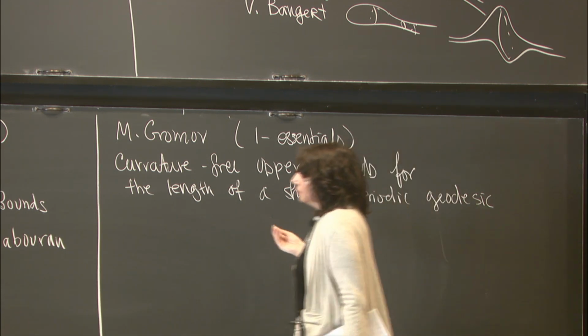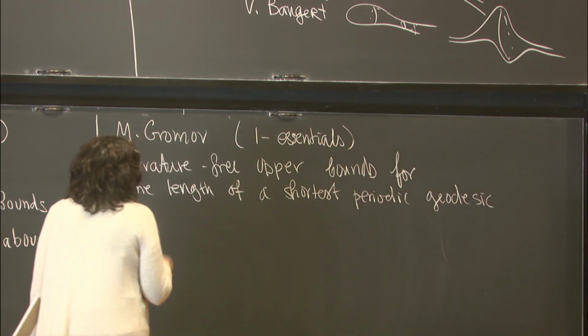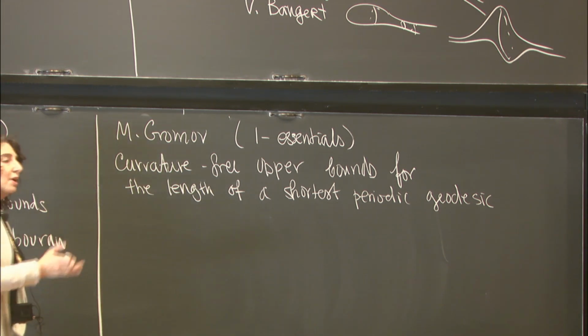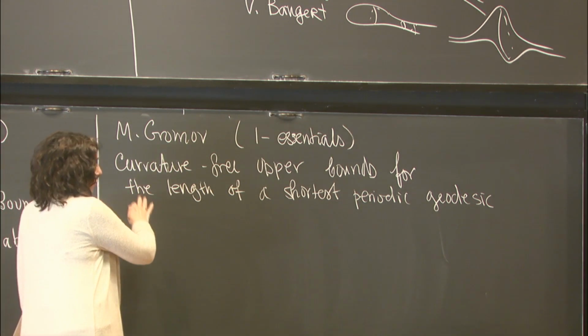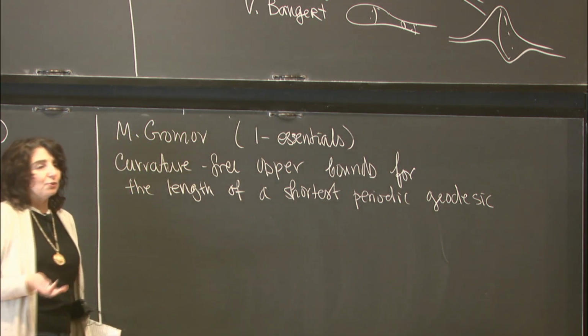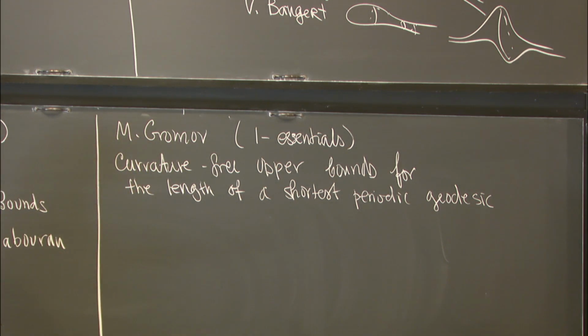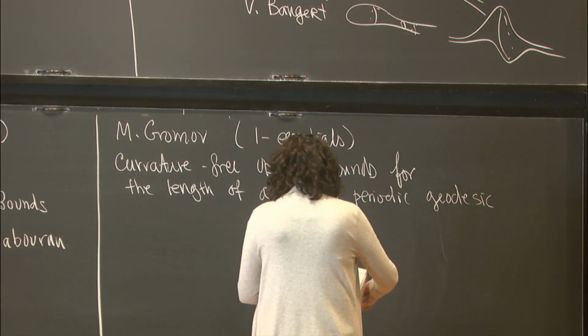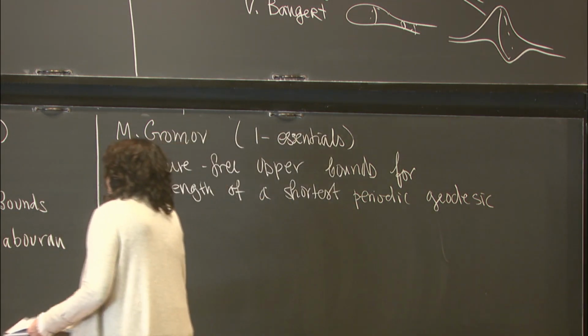But instead, what we can possibly get, I mean, I tried it, and I tried it with some courses, and our students tried it. So what we can get is either curvature-free, but not for a periodic geodesic, or it's for a periodic geodesic, but involves curvature. So let me state right away the bounds that involve curvature.